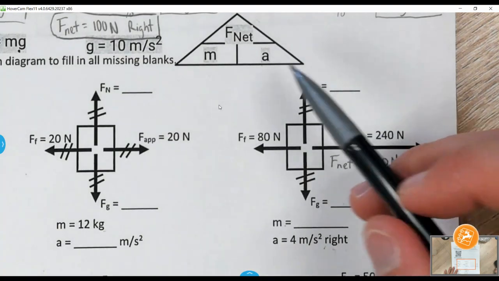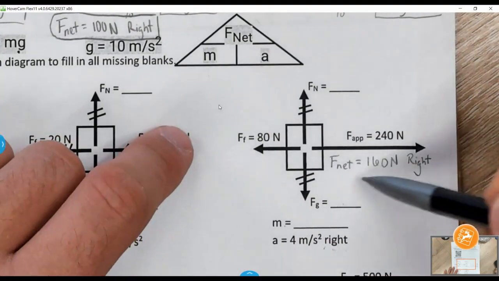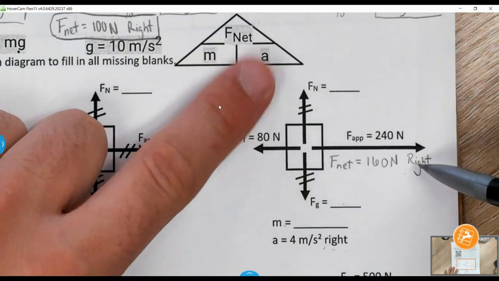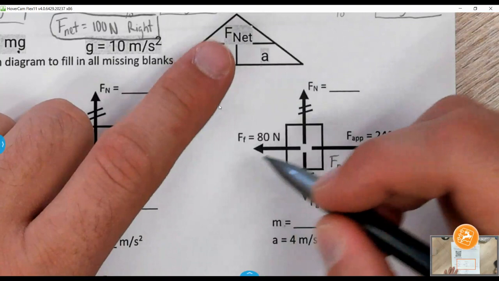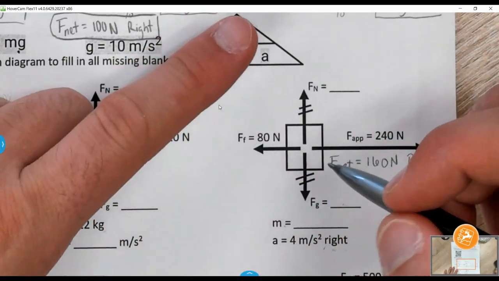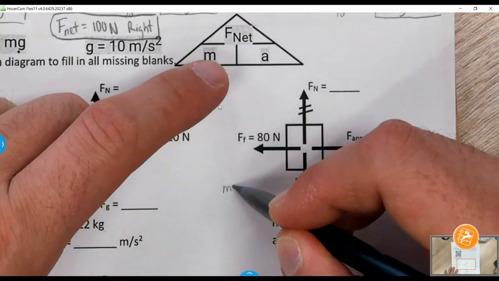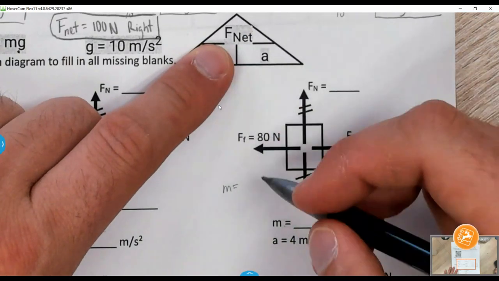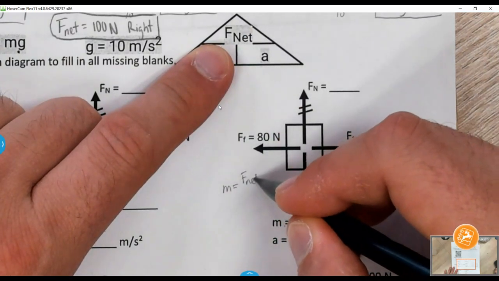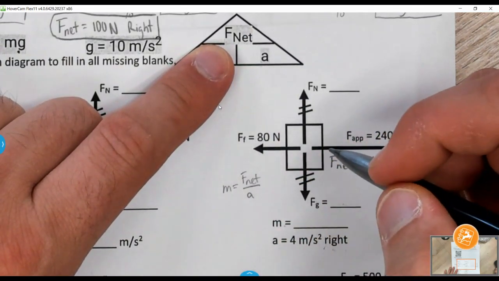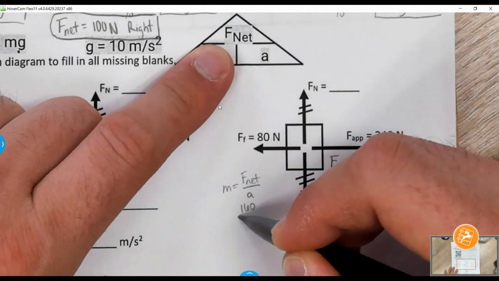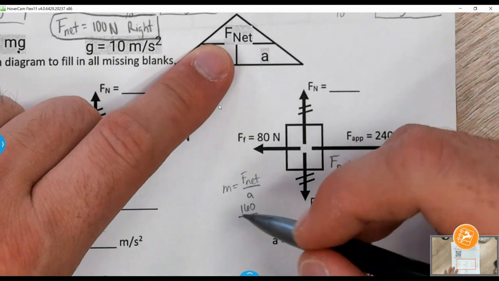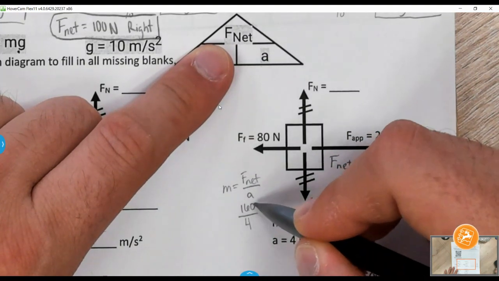Now I have net force and I have acceleration. Now I can find m. So if I cover up m, m would equal F net divided by A. What was F net? 160, and A is 4.